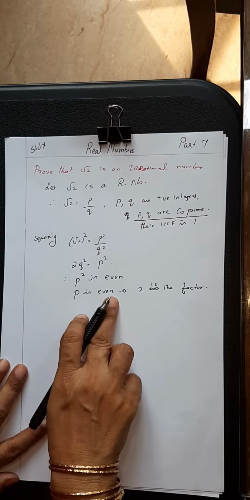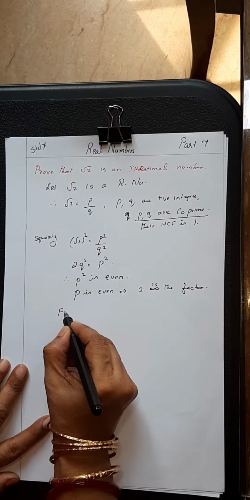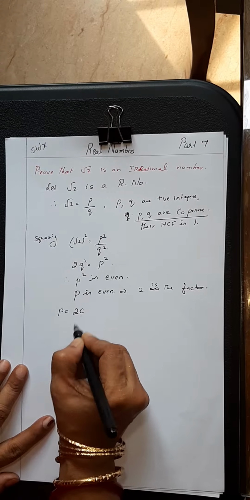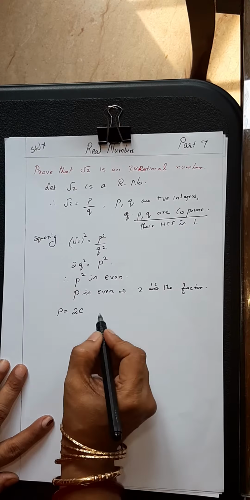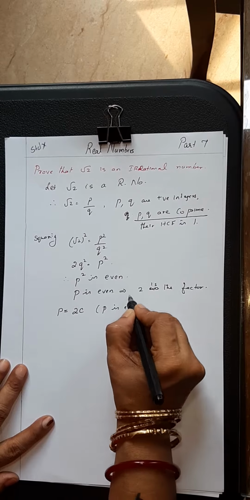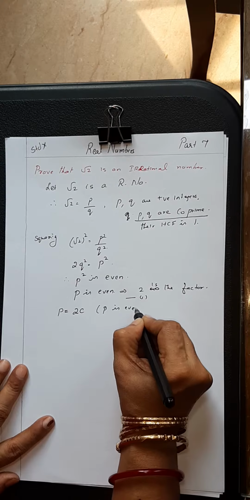Now if p is even, any even number can be written as 2c, so p is equal to 2c, because p is even. This is 1.